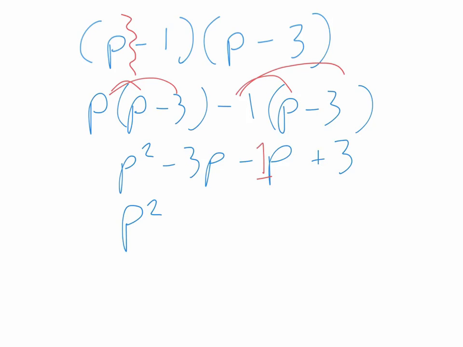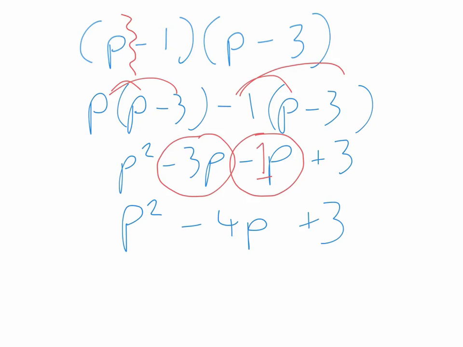And minus 3p minus 1p gives us minus 4p. Make sure you include your minus signs. Very important. And then we just have a plus 3 left here, so we just write down plus 3. So p minus 1 multiplied by p minus 3 gives us p squared minus 4p plus 3.